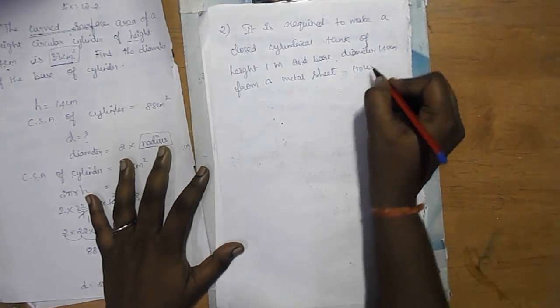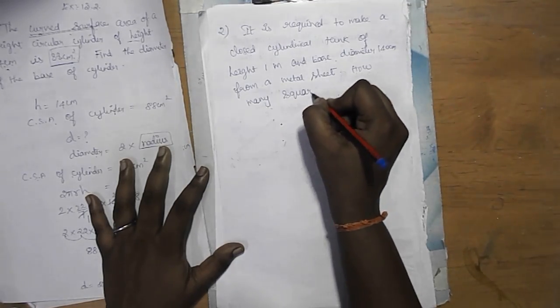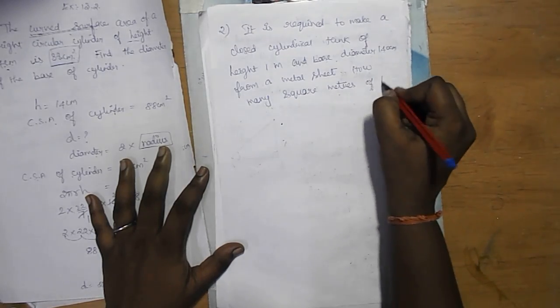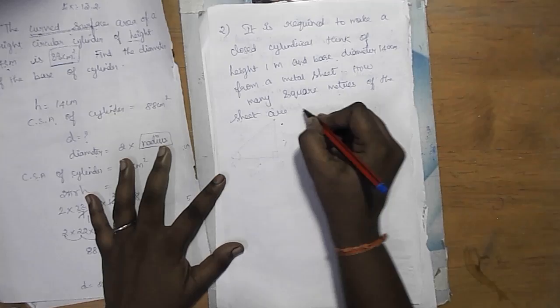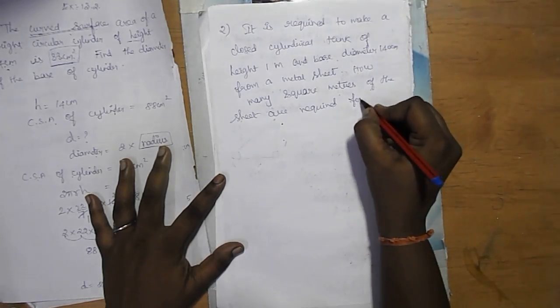How many square meters of the sheet are required for the same?